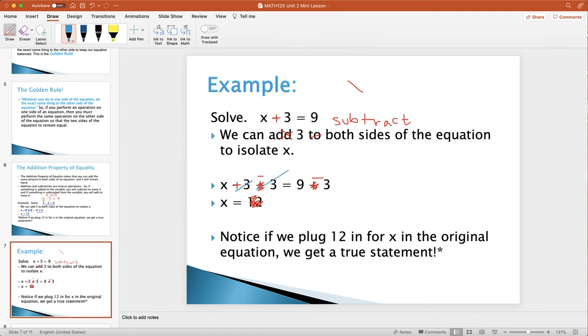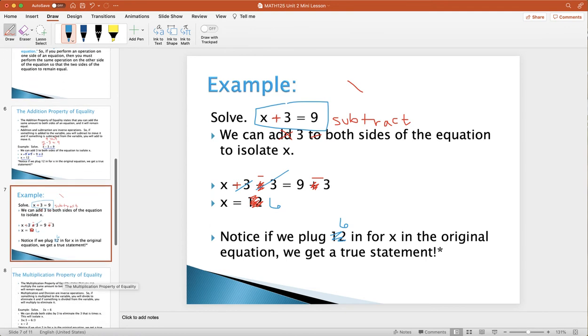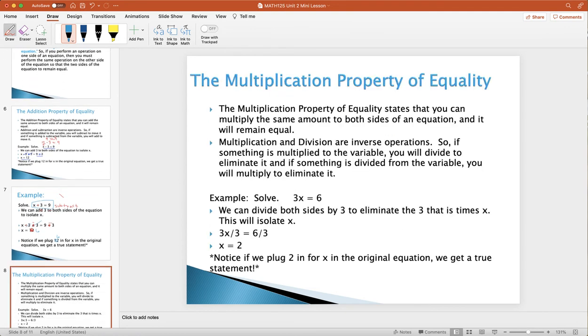And then we have 9 minus 3, which gives us 6. So if we were to plug in 6 into this equation, we would have 6 plus 3, and we know that that equals 9. So we know that in fact we would have a true statement, and x equals 6 would be the solution to our equation.